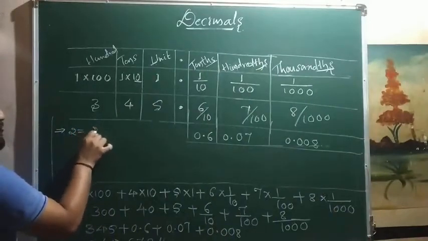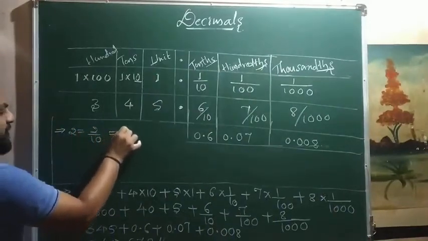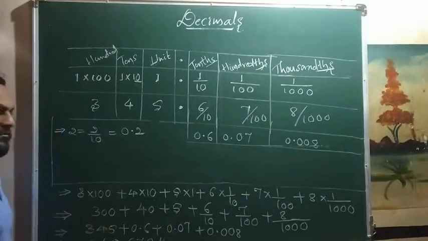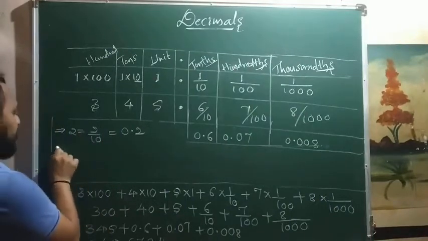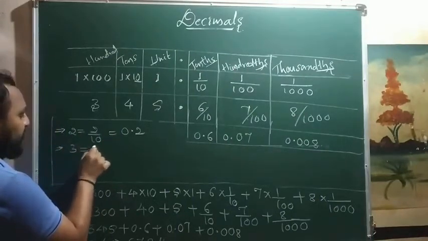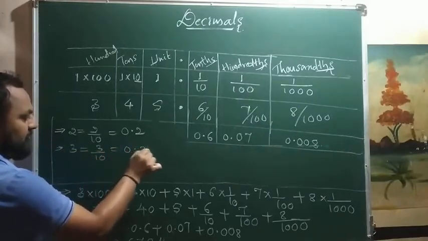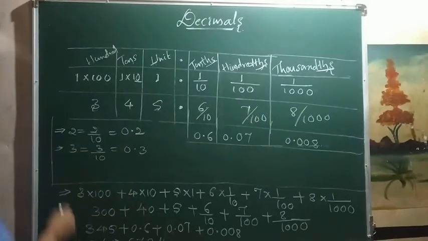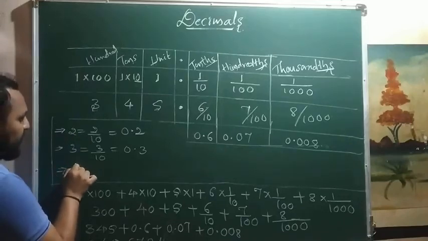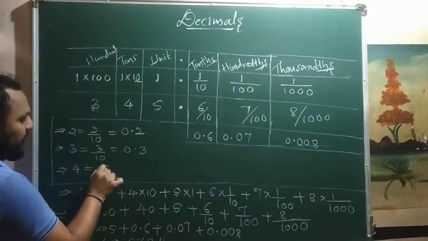The 2 means 2 divided by 10, which means 0.2, and 3 divided by 10 means 0.3, and 4 divided by 100.